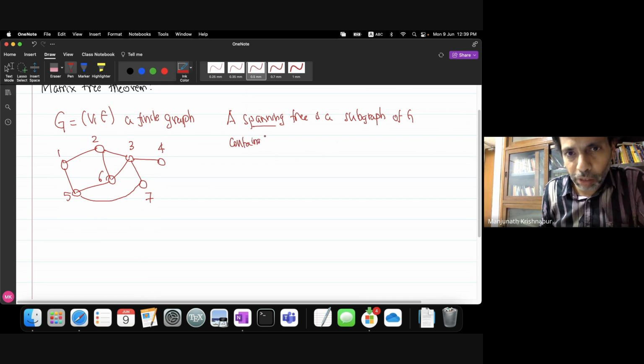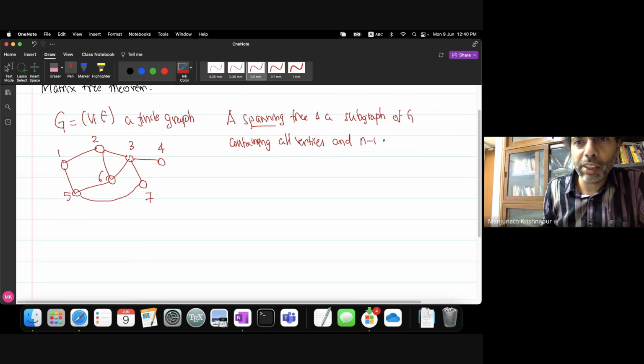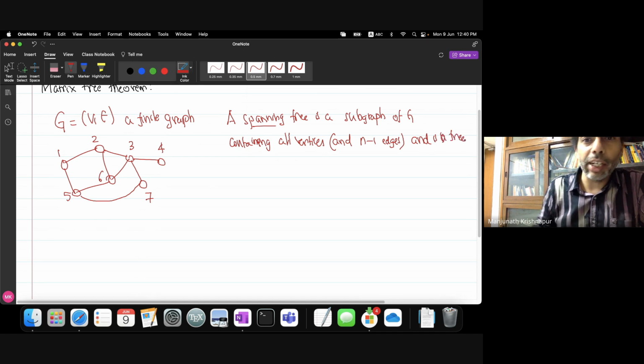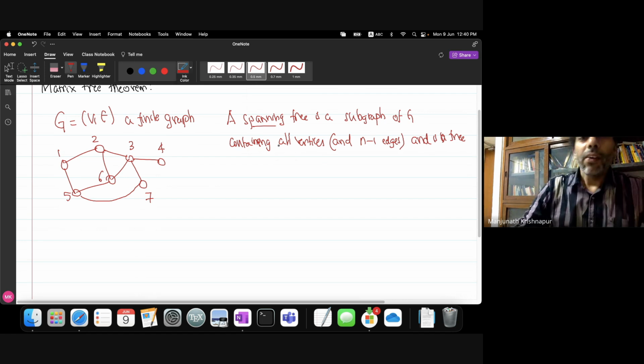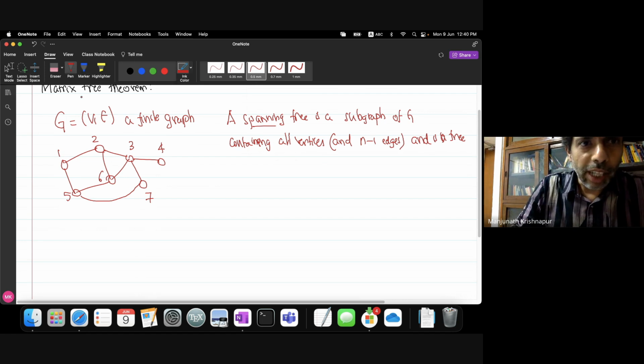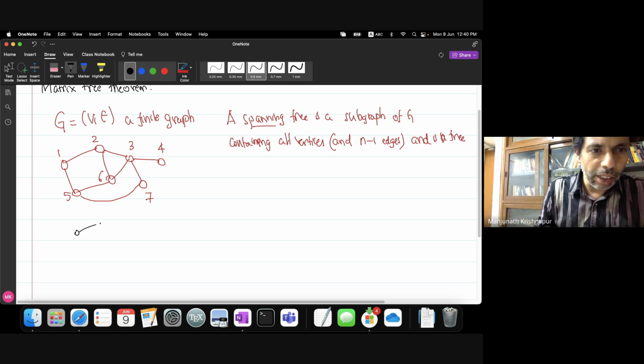I need to keep all vertices. And I did not say this before, there have to be n minus 1 edges, and it is a tree. That's equivalent to saying connected, with all the vertices and only n minus 1 edges. So for example, this is a spanning tree.